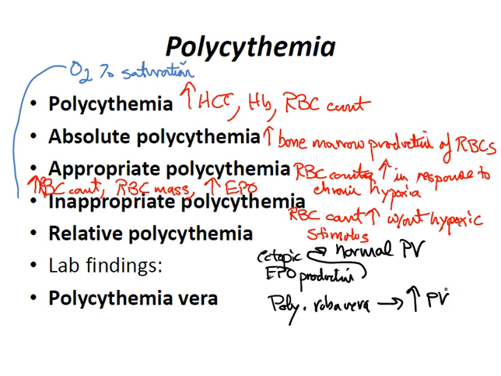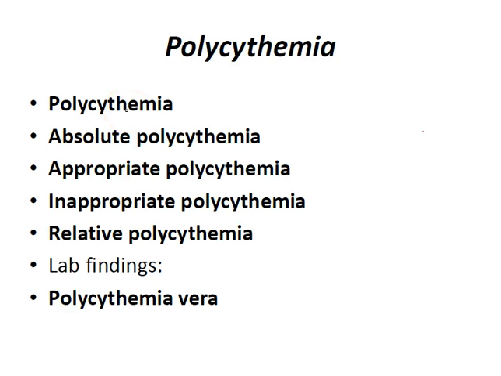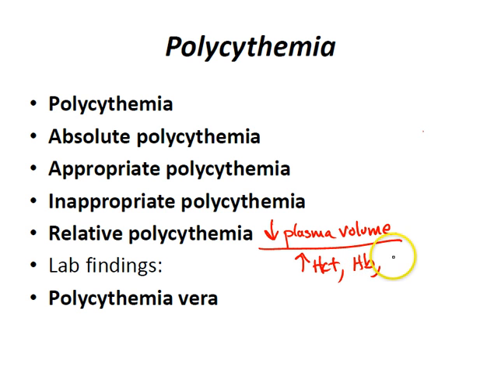Alright, so now let's talk about a relative polycythemia. Now, a relative polycythemia is due to decreased plasma volume, which causes an increased hematocrit, hemoglobin, and RBC count, and a relative decrease in total plasma volume.